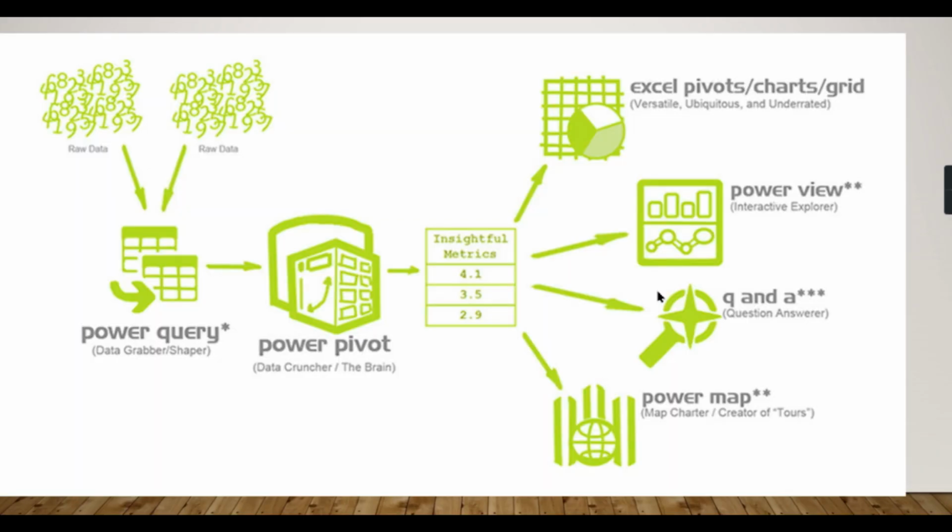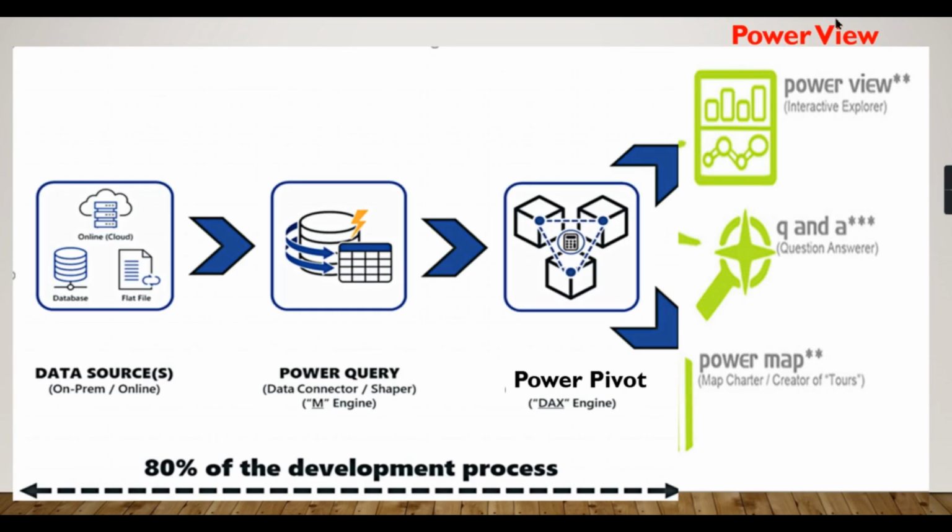We have already seen all these things, and this is the main thing you need to understand. Your data sources can be Excel and databases, whatever Tableau connects to. In the case of Power BI, you have three parts: Power Query, Power Pivot, and Power View.